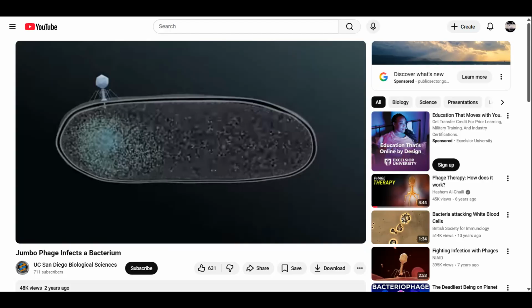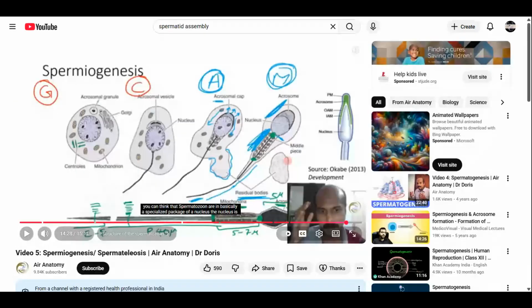To show you that again, let's go back to the sperm. Right here. Mitochondria. These are the mitochondria that then become the tail that provides it energy.